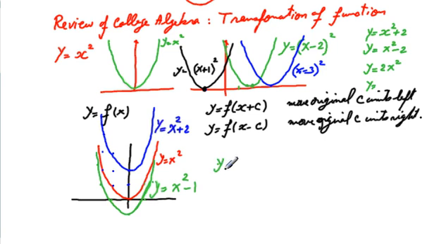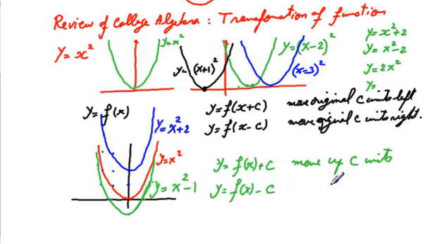So if you say y is equal to f of x plus c, it means take the original and move it c units up. So when we say move up, it means, for the original before you modified it, what are you supposed to do to it? In this case, if you add to the function, you go up. If you subtract a quantity, you are going to move down by c units.